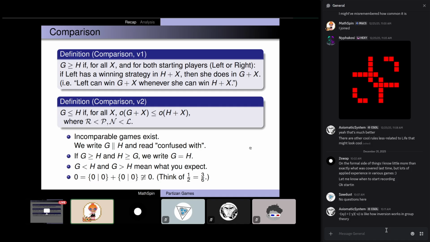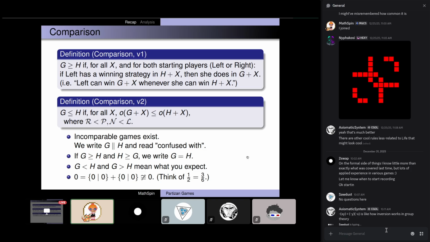The fraction 1 over 2 is equal to the fraction 3 over 6, even though they don't have the same numerator and denominator. And the game value of 0 and the game value of star plus star are equal, even though they don't have the same game tree. It's an analogous situation.